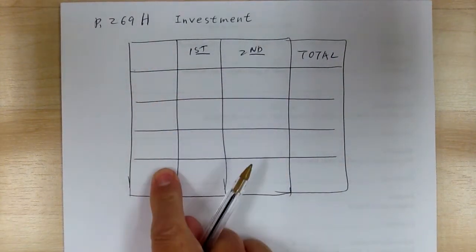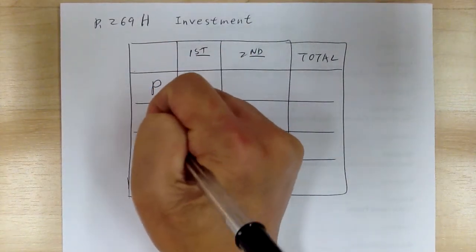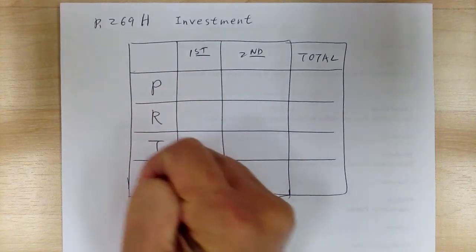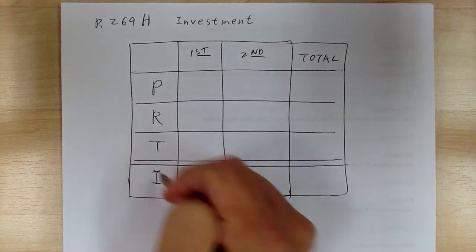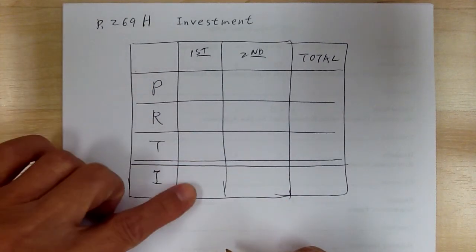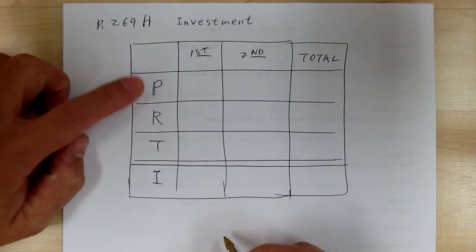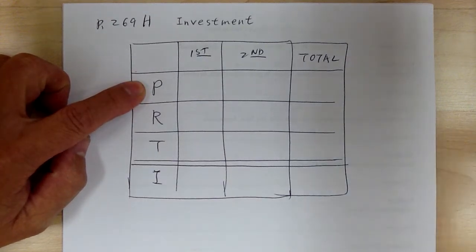This is the formula that you need to know. It's P R T I. Notice I draw the double line, so this is when you multiply all three together, you get that. P is the principal amount, so that's how much money is invested, or how much money you borrow.